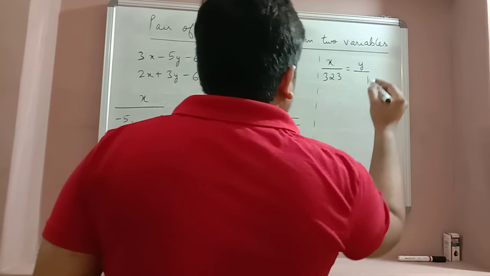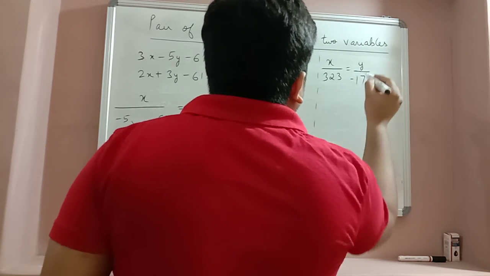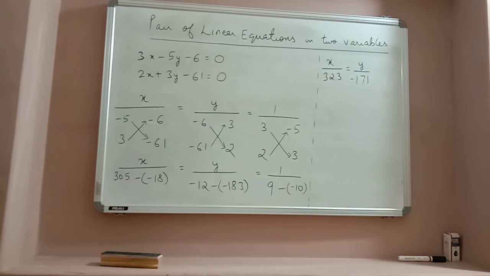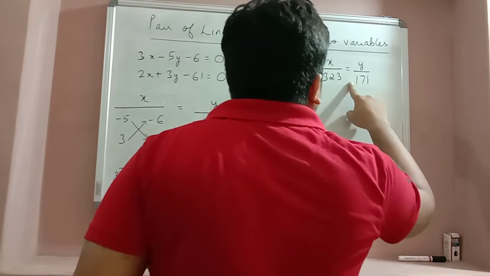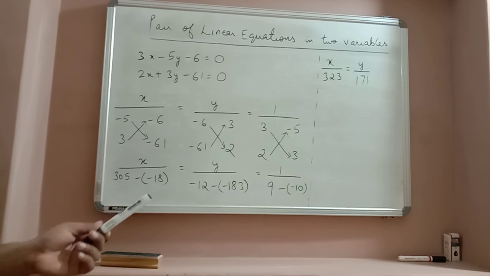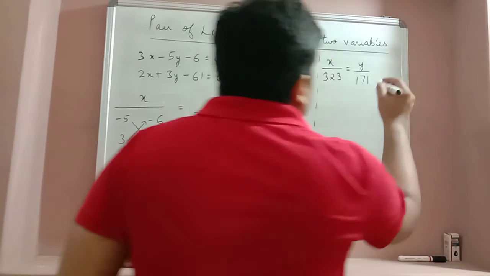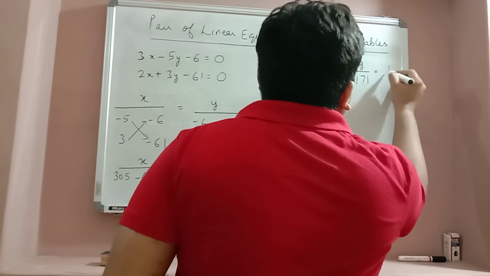Sorry, it will be a plus 171 because it's minus 12 plus 183, and equals 9 plus 10, which is 19. 1 by 19.